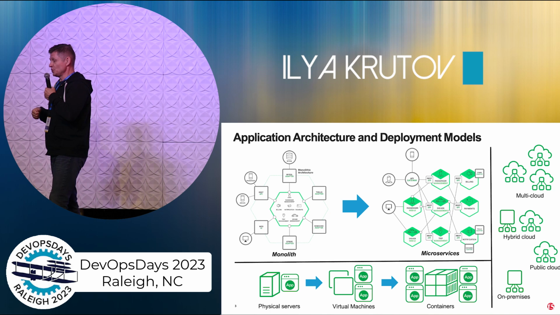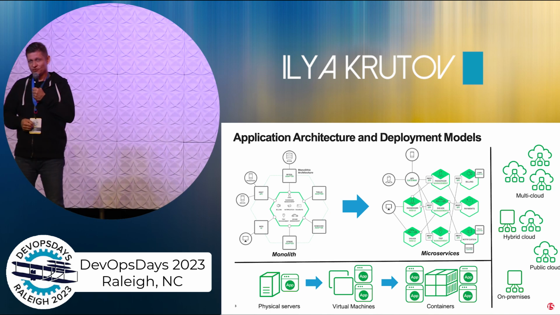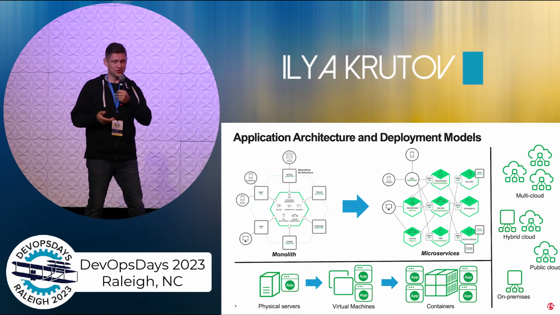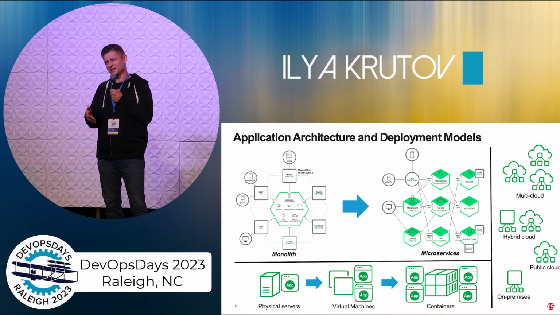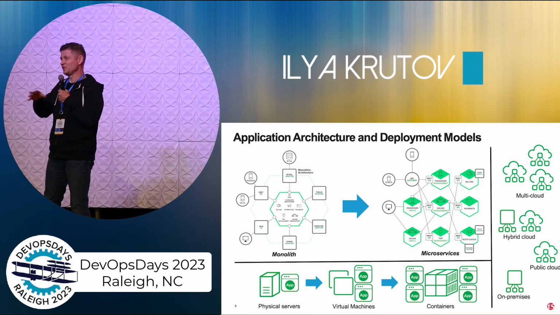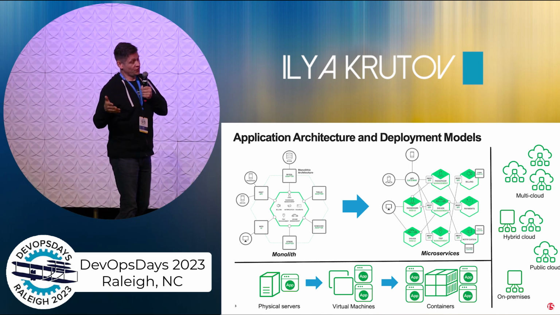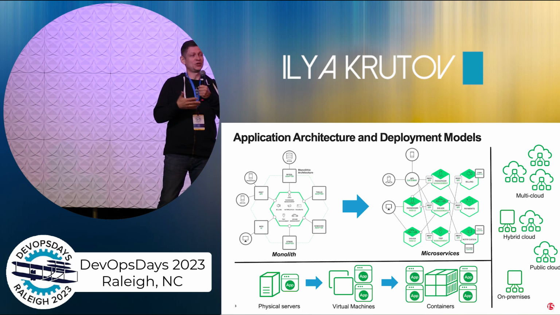And this move toward microservices drives the need to transform our underlying compute infrastructure, which makes things even more complicated, because we're moving from server to virtual machine, and finally to containers.